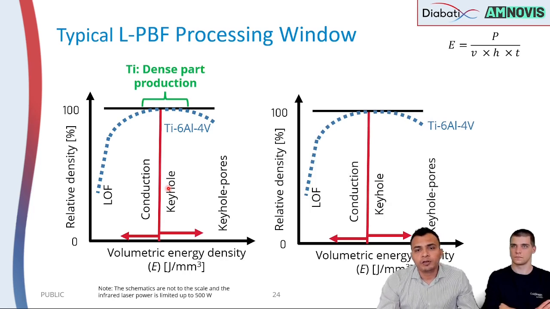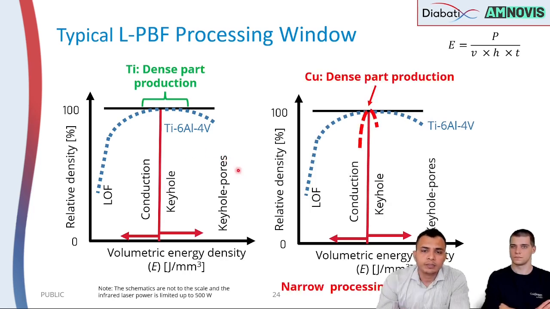So what happens typically for copper, and why it's challenging, is that in the case of conventionally processable alloys, you can see there is a broad processing window, but for copper it's a very narrow processing window. So if you want to get a fully dense part using an infrared laser, you need to be in the keyhole regime, and even then, if you move away from the optimized setting by a bit, the part density drastically goes down, be it on the lower power side or the higher power side.